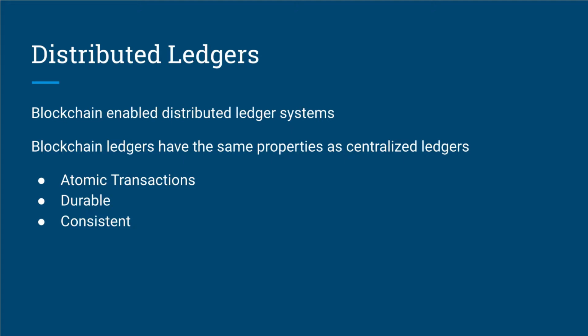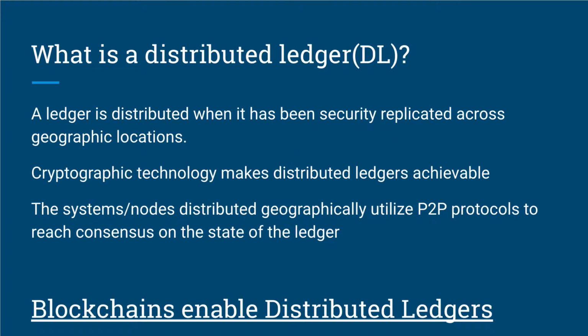A little unknown fact to most people, the Bitcoin white paper presented a mathematical breakthrough in consensus algorithms. This is what enables blockchains to become functional in production environments now. Cryptographic technology enables a ledger to be securely distributed across geographic locations.